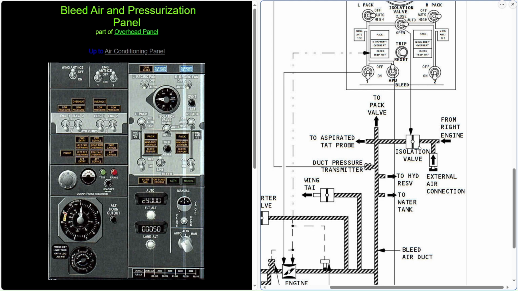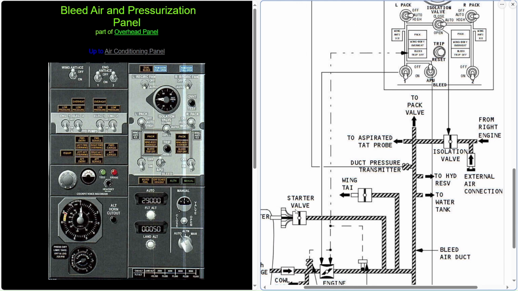Now this is the right engine, and remember I was telling you about the external air connection. This is where the air cart hooks up, and that pressurization then can come over and do the starter valve. But also that air can go over from the left engine to start the right engine.